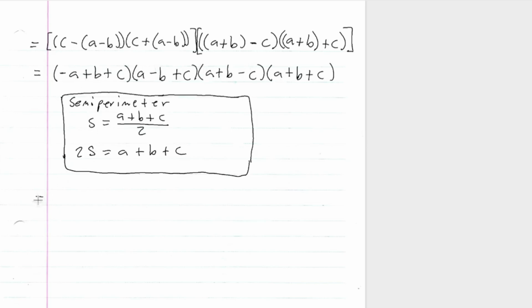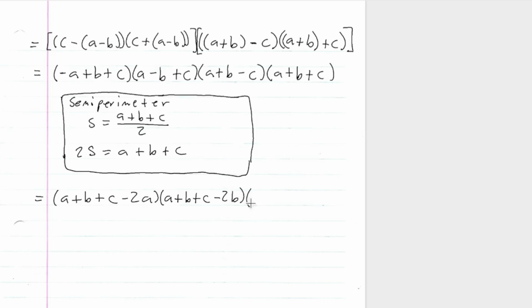So this is equal to, so would you guys agree that if I were to write A plus B plus C, then I would have to subtract 2A, right? Because A minus 2A is negative A, right? And I'm going to use the same trick. I'm going to have a plus b plus c, and then minus 2b.